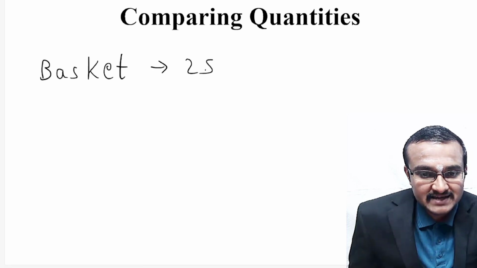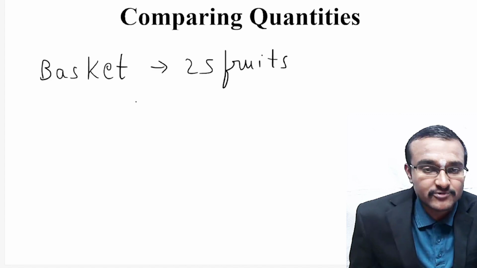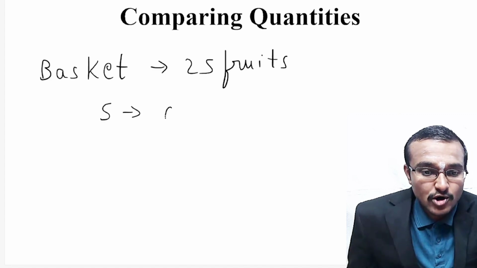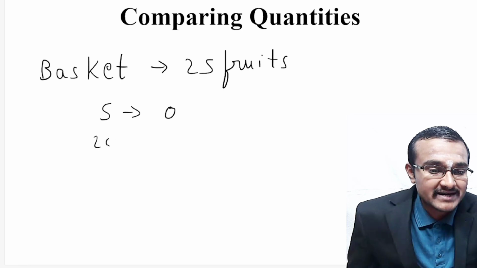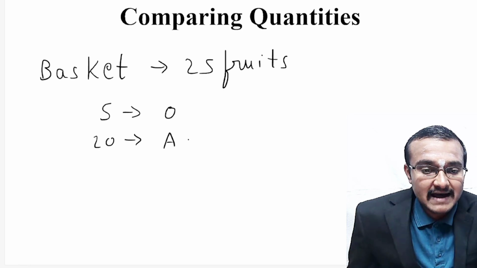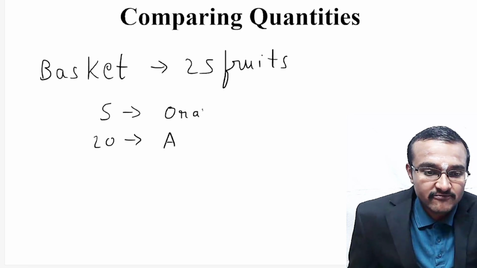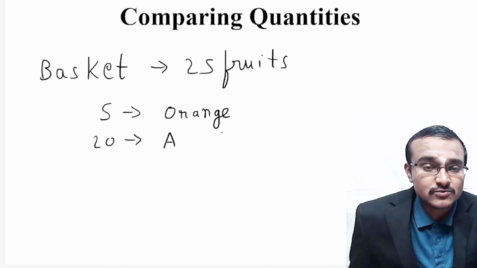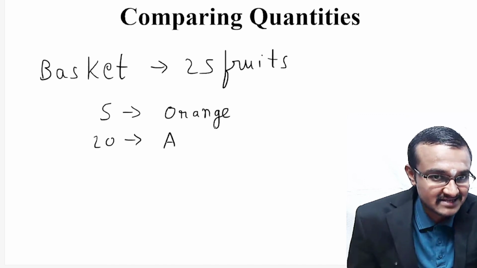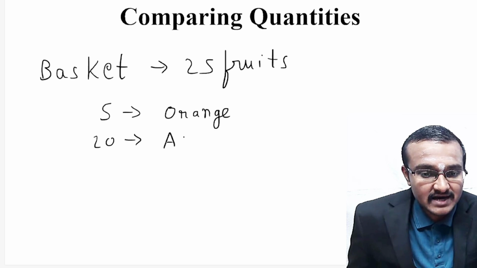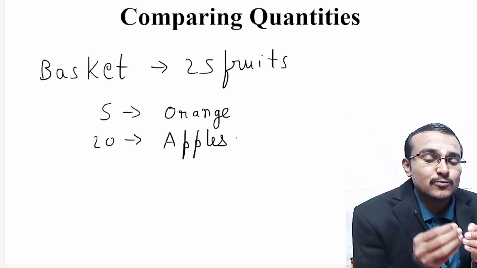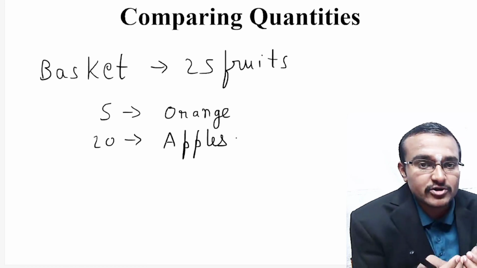Out of 25 fruits, 5 fruits are oranges and 20 fruits are apples. So how will you make a comparison between oranges and apples?